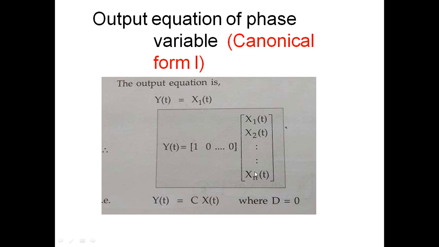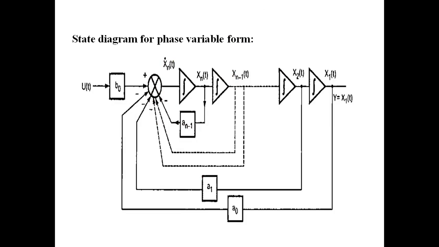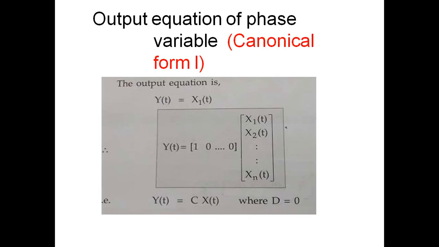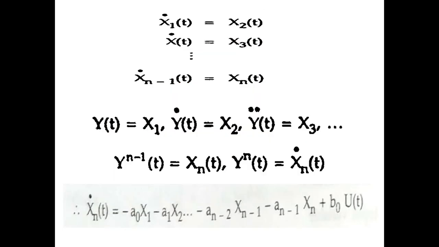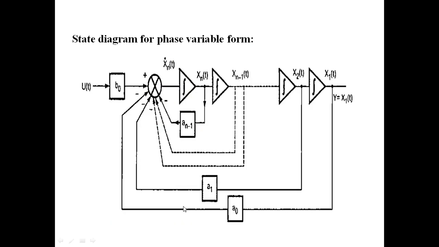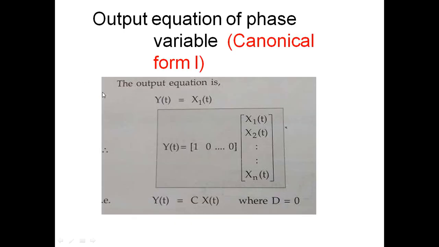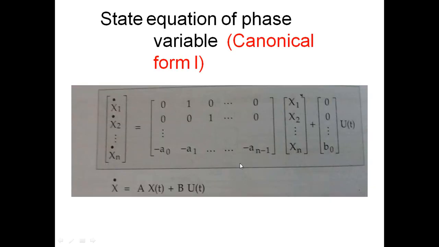Then next, how to write the state diagram for this state equation. See here, this is the state equation we have. For this you need to write a state diagram. Again, only one input we have here, that is b0 into u of t. It always goes from input to output, right?